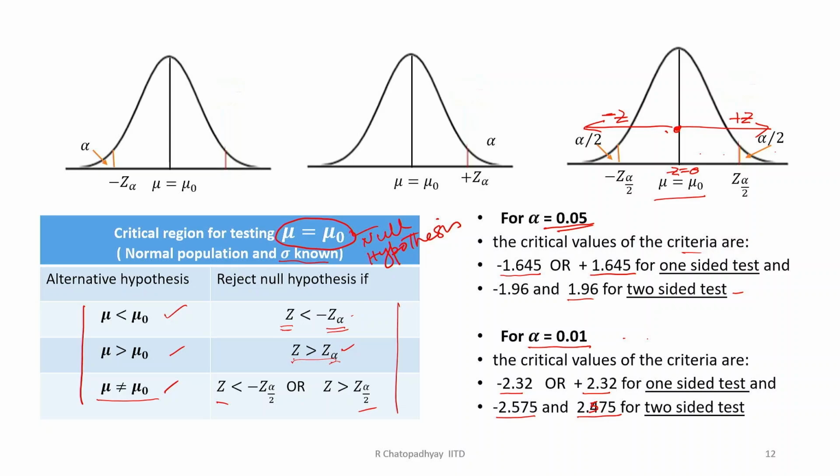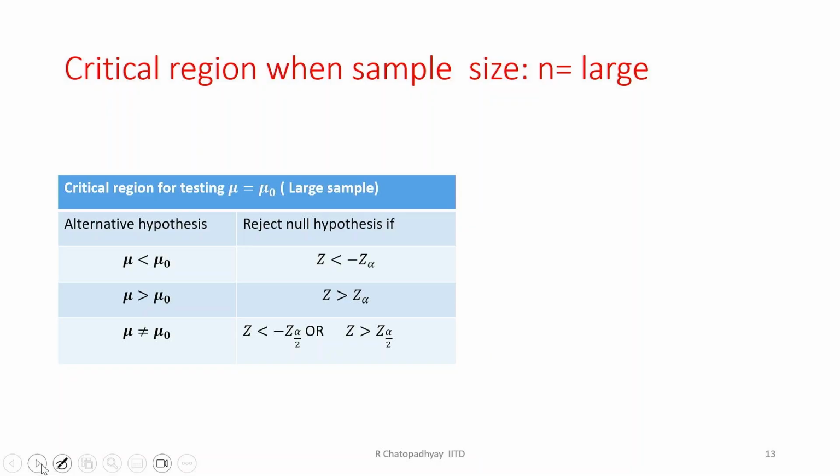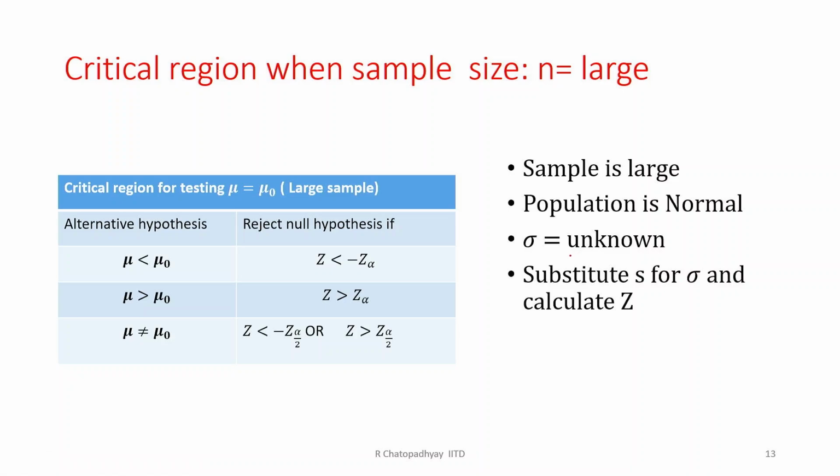Now we can also have situations when the population standard deviation is not known. So, critical regions when sample size is large but sigma is unknown. What is written here?